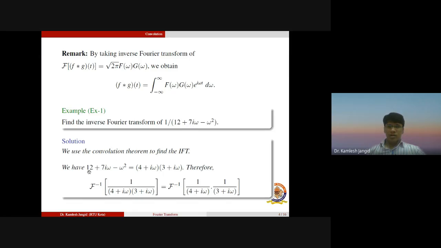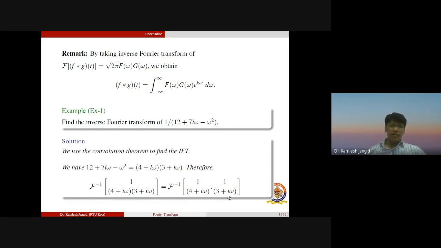The denominator 12 plus 7 iota omega minus omega square can be written as the product of 4 plus iota omega and 3 plus iota omega. Therefore, the inverse Fourier transformation of 1 upon 4 plus iota omega times 3 plus iota omega equals the inverse Fourier transformation of 1 upon 4 plus iota omega times 1 upon 3 plus iota omega.